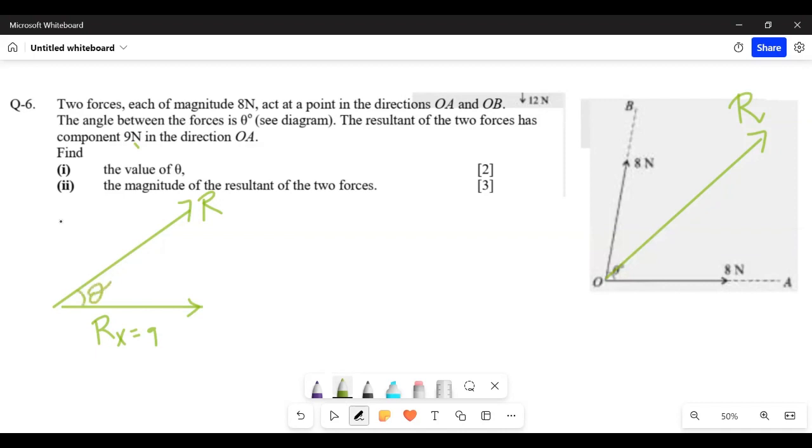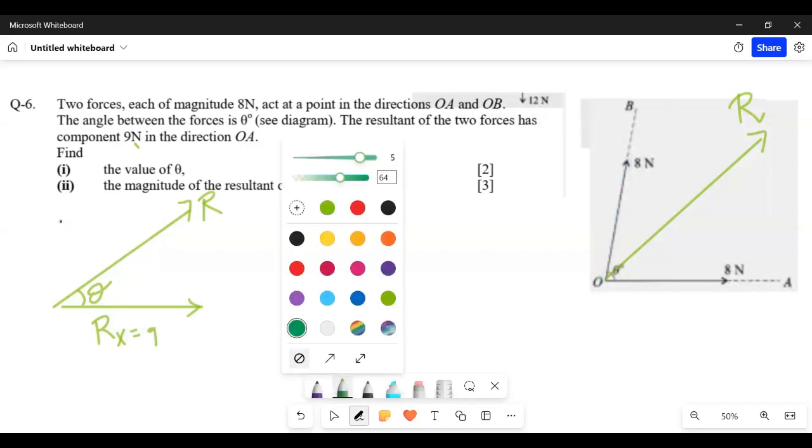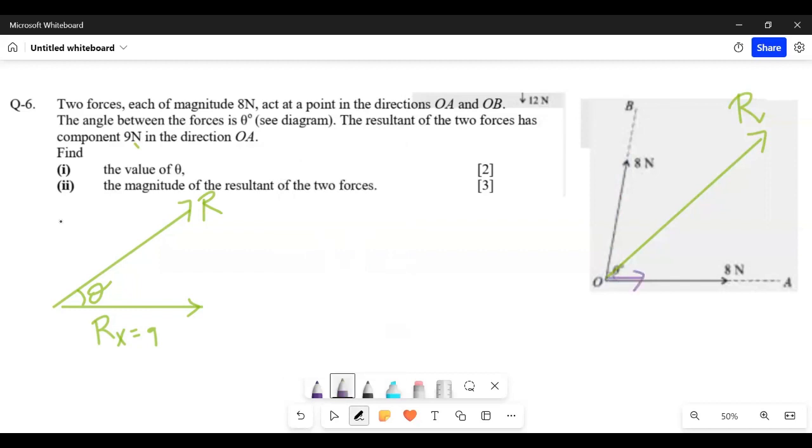Okay, so we don't need to resolve this force because it's already a horizontal force. However, we need to resolve this force, which will have two components in this direction and in this direction.